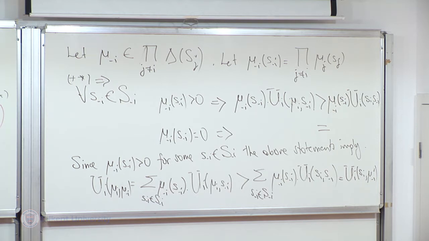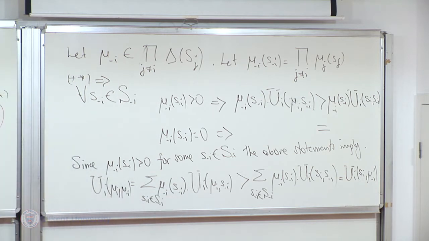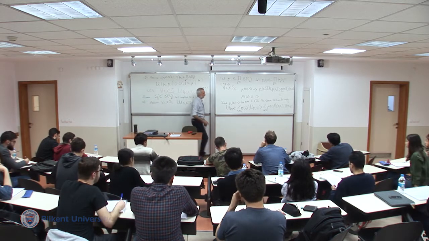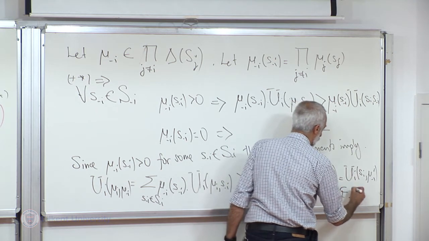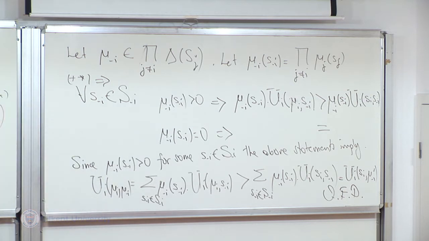All you use is just the definition of expected payoff. That finishes the proof of part A. Any questions? So we can finish it by saying quite easily done. Any questions?